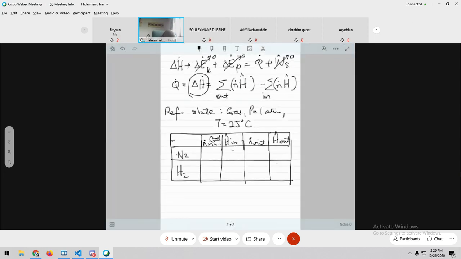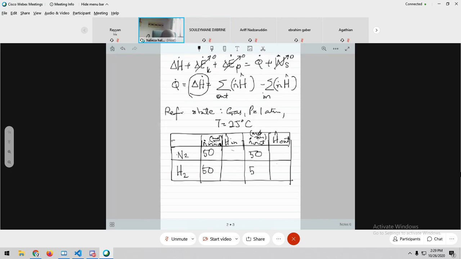I need to write the unit, mole per minute. 50 mole per minute. How about the outlet? What is the amount coming out? It should be the same, 50 mole per minute.